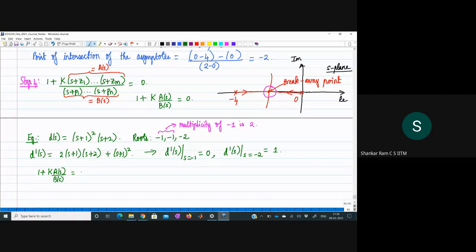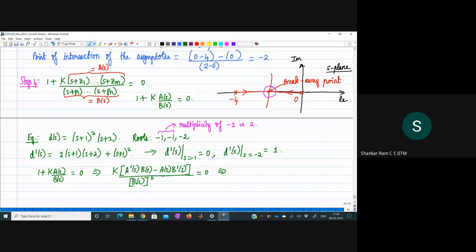The derivative of 1 is 0, and we use the p by q rule of differentiation. So we get k times, with b of s whole squared in the denominator, a prime s b of s minus a of s b prime s, equal to 0.